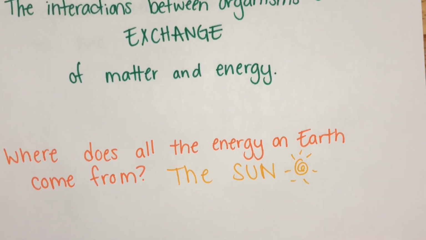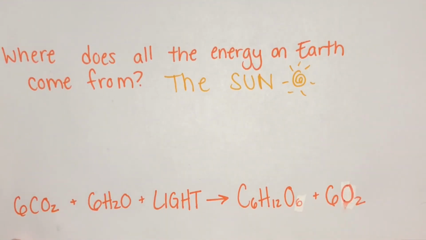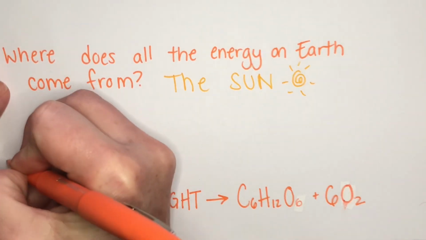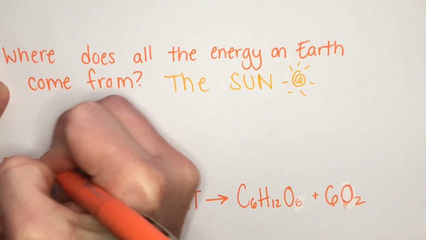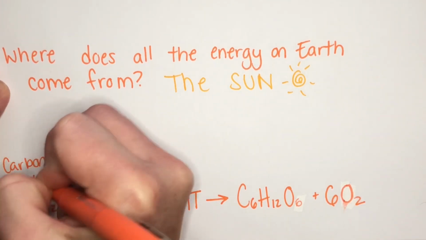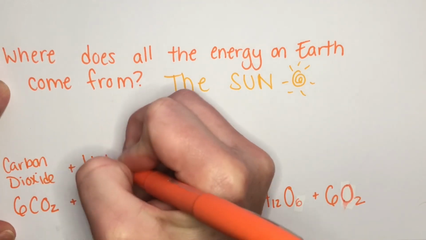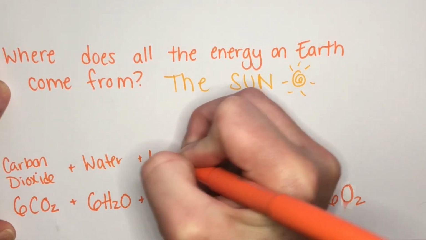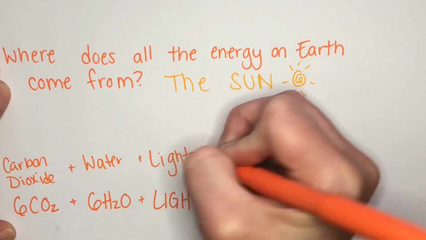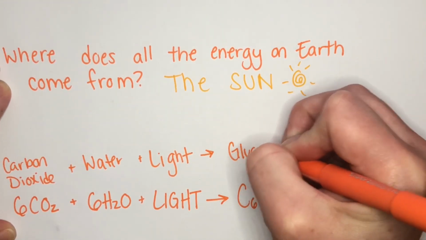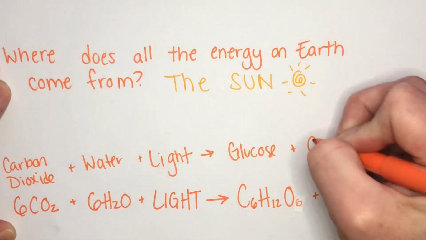So here I've written the chemical formula for photosynthesis, which isn't something that you need to know quite yet, but I wanted to show you how producers convert carbon dioxide, water, light into that glucose and oxygen.